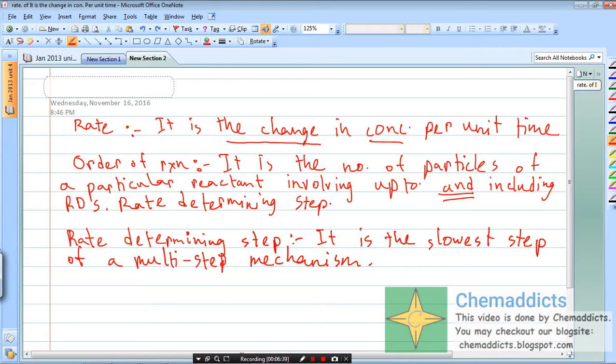So now let us look at the rate equation. What is this rate equation?